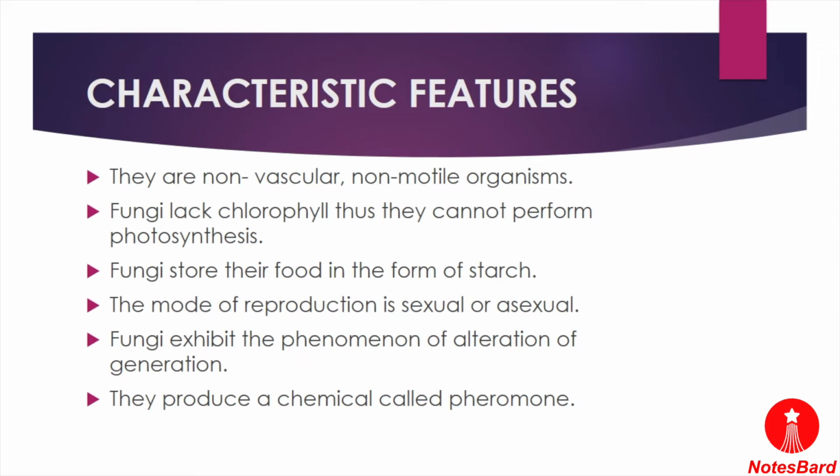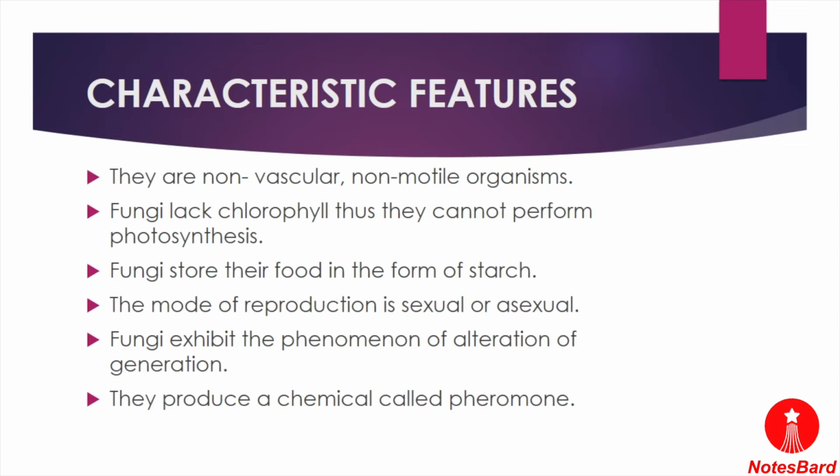The fungus has the outermost layer of the cell as a cell wall as in the plants, but the cell wall of the fungi contains chitin, which is a hard substance and is also called fungal cellulose. Now the fungi exhibit the phenomenon of alternation of generation. Alternation of generation is a phenomenon commonly found in the bryophytes and also in pteridophytes.